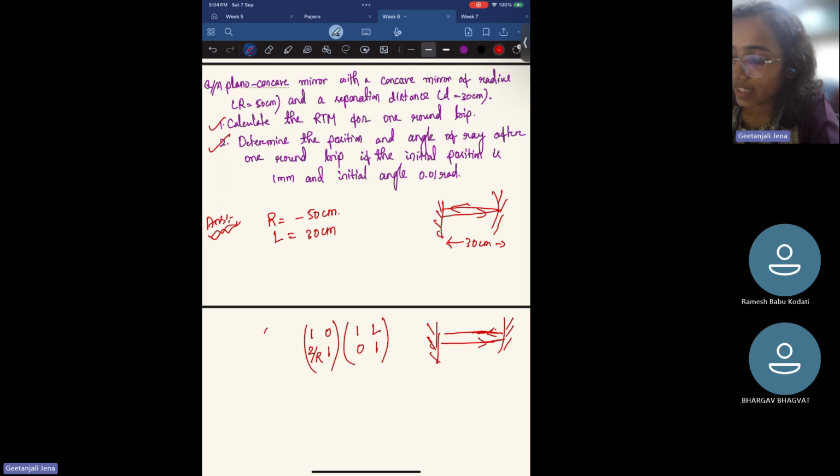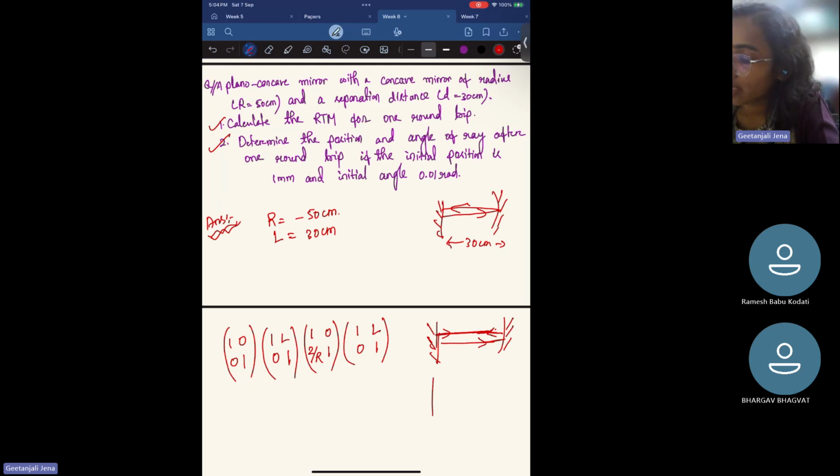So now we'll again have a ray transfer matrix for propagation, which is 1 L 0 1. After propagation, the ray will again be reflected back. So we'll have a reflection for that. For a plane mirror, it is 1 0 0 1, right?